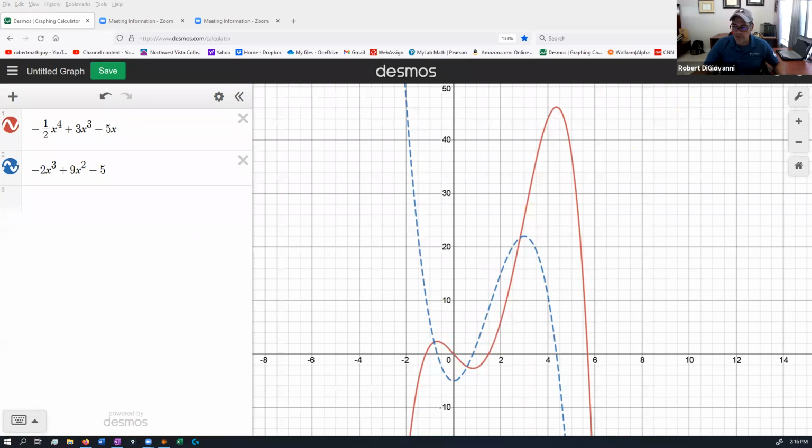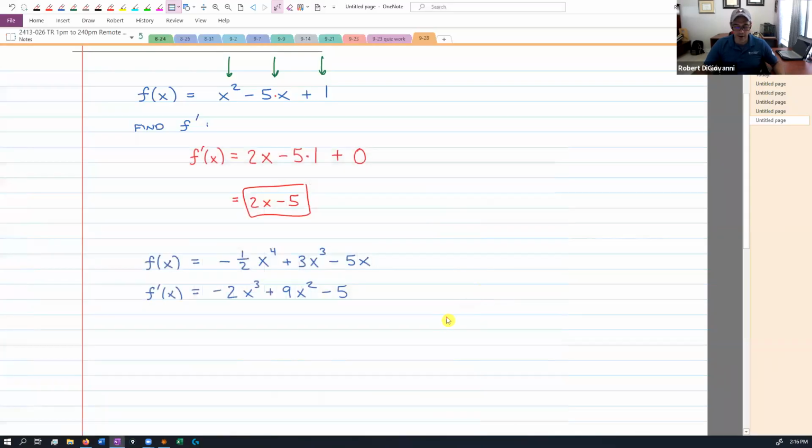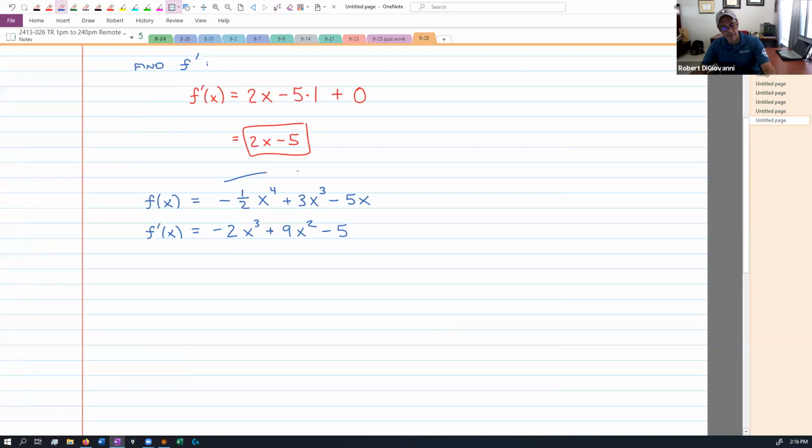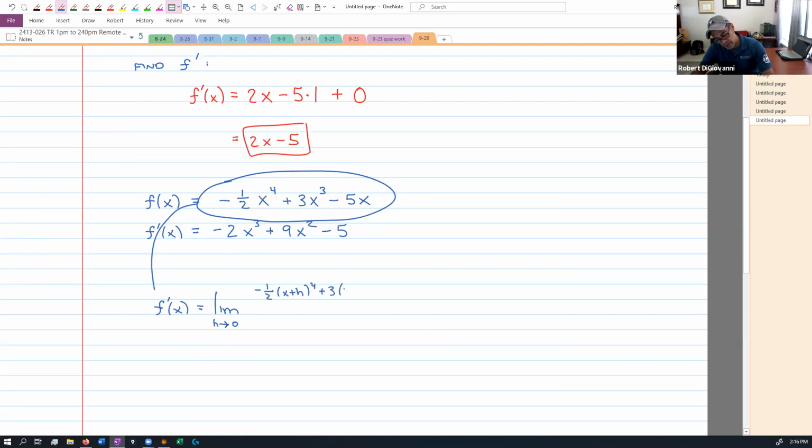Just again, so we don't lose sight of it, because I don't want us to take for granted what we have here. If I had given us this function without today's lesson, and asked you to find the derivative, you would have to do the limit as h goes to 0, and plug x plus h into this. So it'd be -1/2 times x plus h to the 4th, plus 3 times x plus h cubed, minus 5 times x plus h.